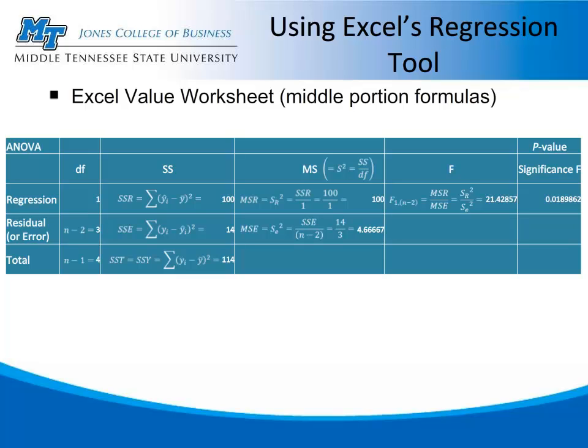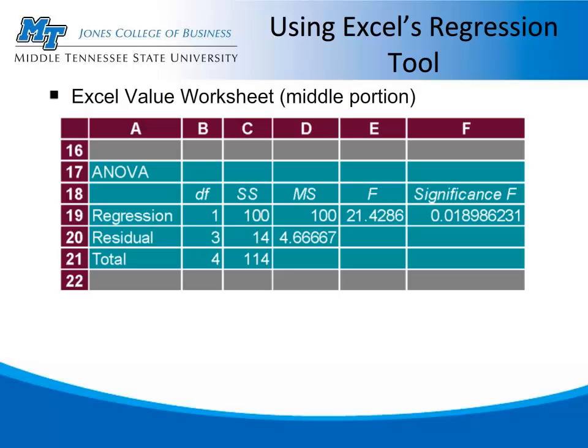Now this only works like this for simple linear regression. It doesn't really test the same thing in multiple linear regression, but you can use that relationship in simple linear regression.